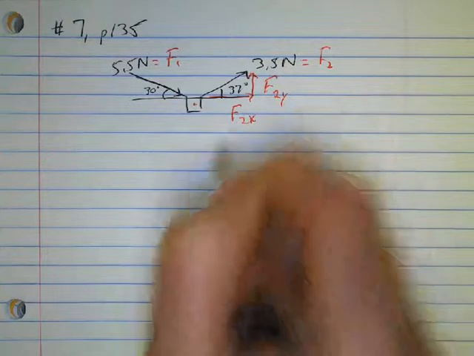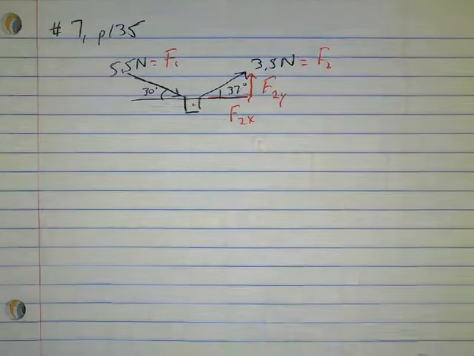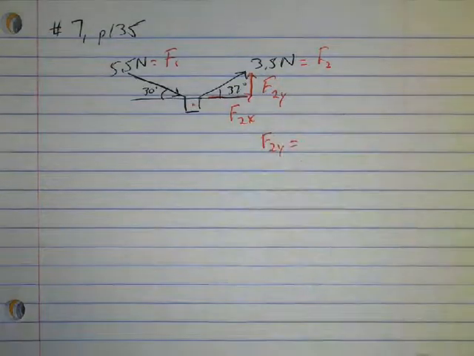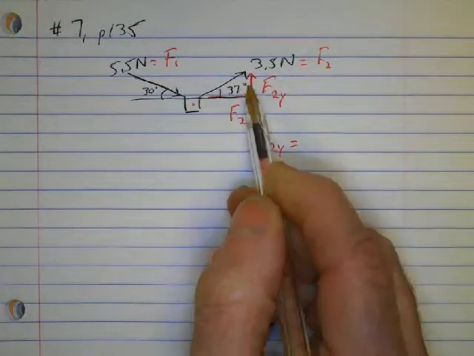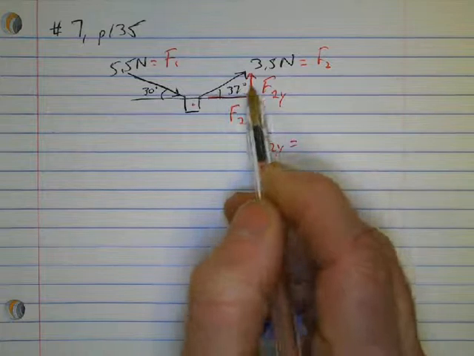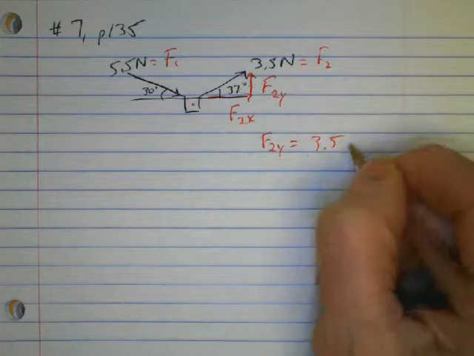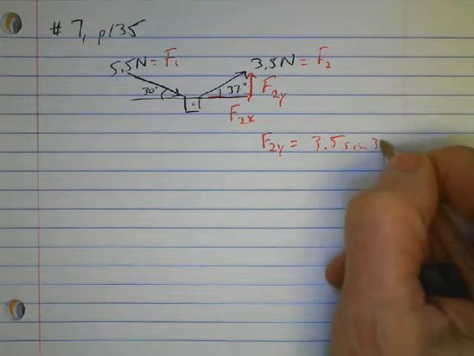So let's solve F sub 2 in the y first. F sub 2 in the y is equal to, this is the opposite of 37 degrees, so in other words, 3.5 sine of 37 is what we're looking for.